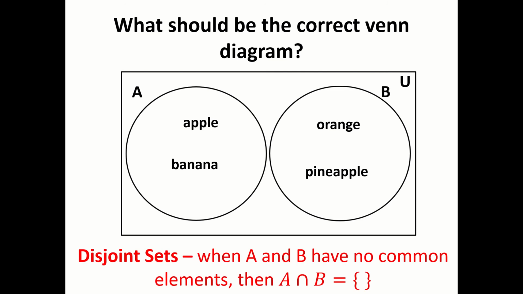So how do we know if they are so-called disjoint sets? When you try to get the intersection of the two and there are no elements, that means it's empty. It shows that the situation is a disjoint sets.